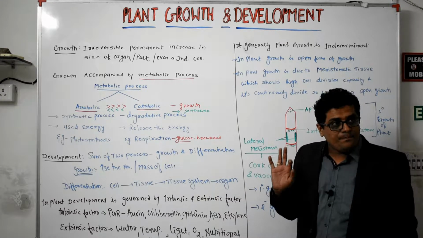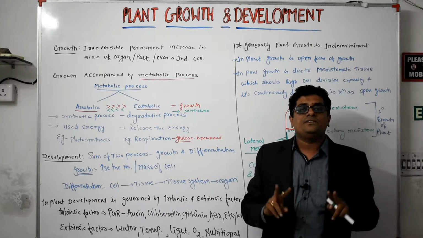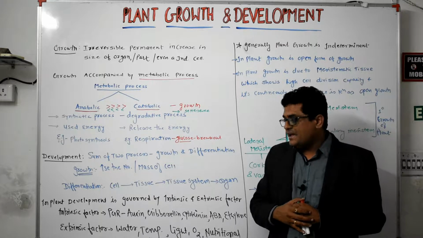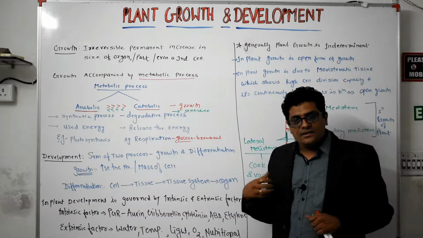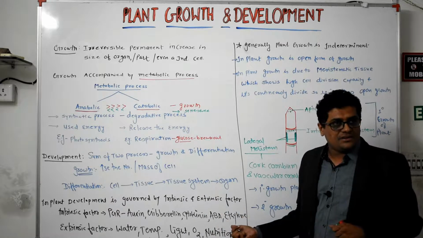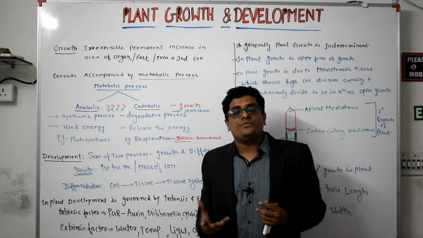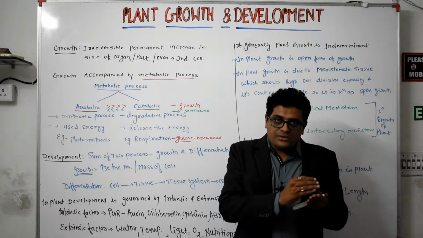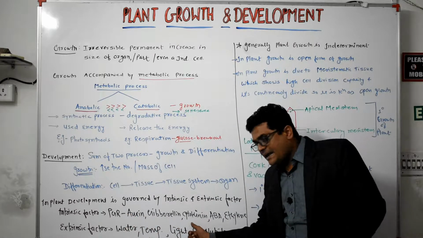Okay, and in plants growth and development are governed by two main factors. One is intrinsic factor and second one is extrinsic factor. Intrinsic means internal factor and extrinsic means external factor. For example, intrinsic factors are various growth promoters like plant growth regulators: auxins, gibberellins and cytokinins.